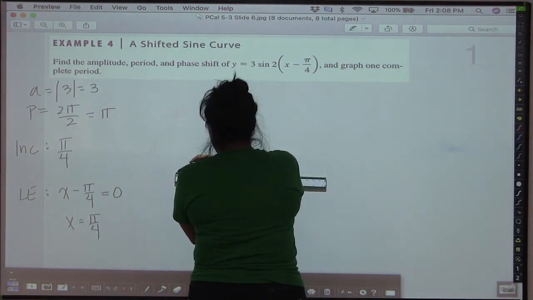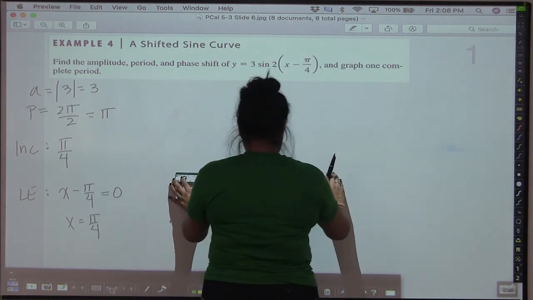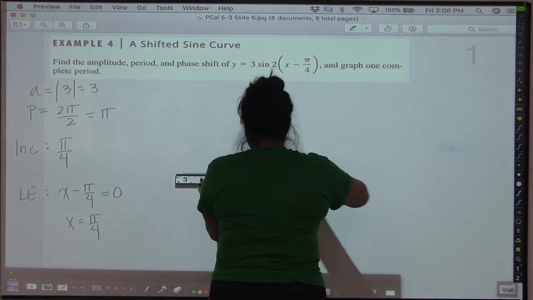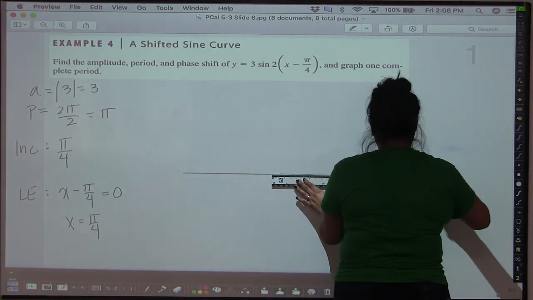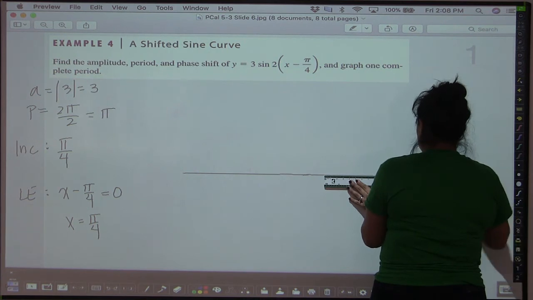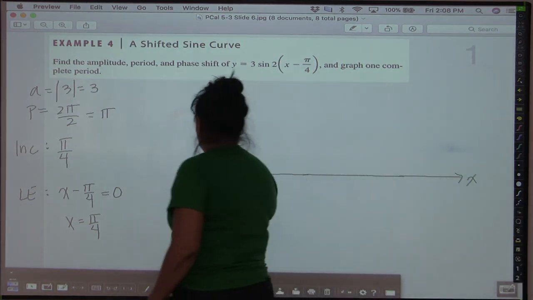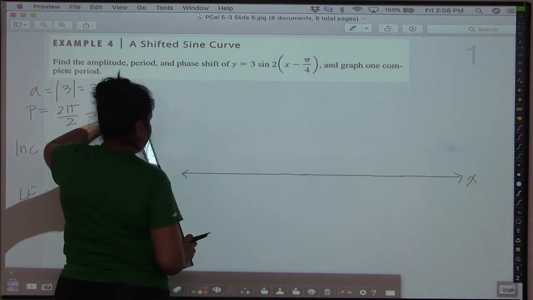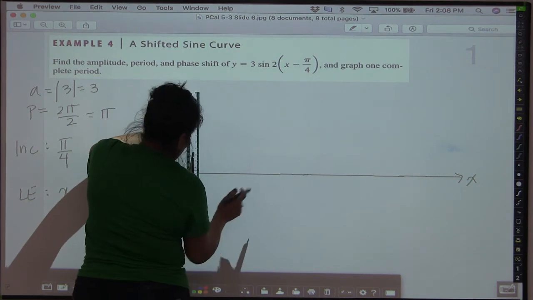So other than that, which is pretty much a big difference, it kind of complicates the x-axis for us a little bit, but not too much yet. The last example will probably be the one that will complicate it the most. So, all right, we're starting at pi over 4.